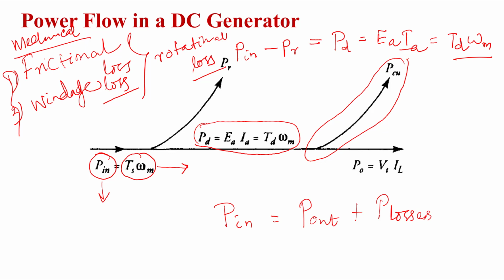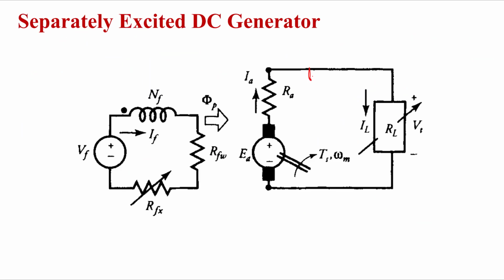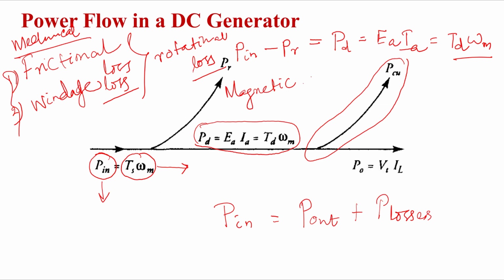Apart from this, there is another loss. We call it magnetic loss. We are actually forgetting this. This is an important loss, right? So what is this magnetic loss? It is because of the leakage of the flux maybe, but mainly magnetic loss includes hysteresis loss and eddy current loss. So both will be there.